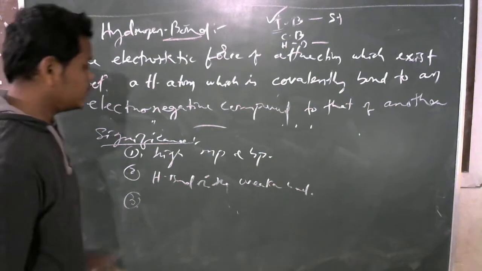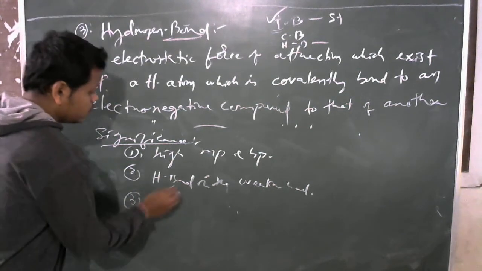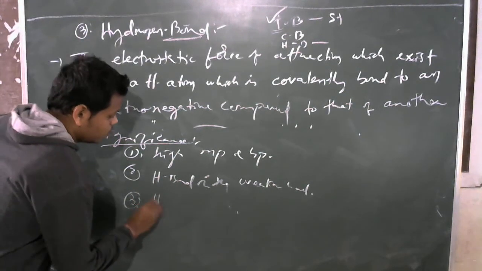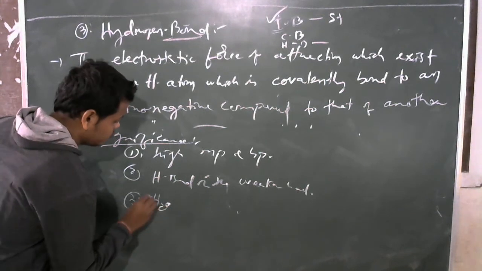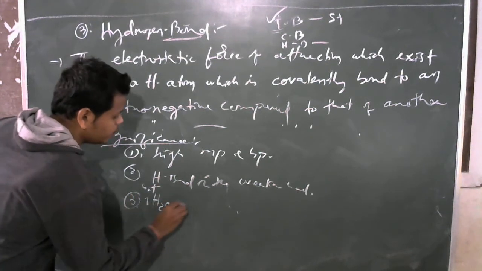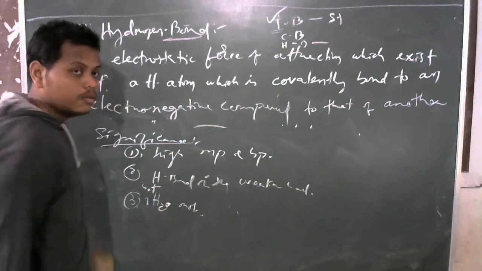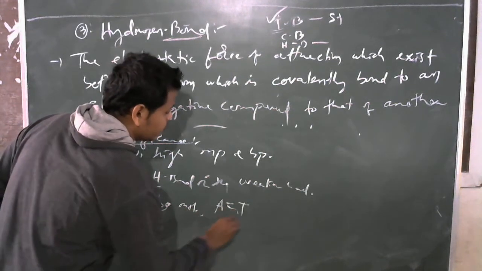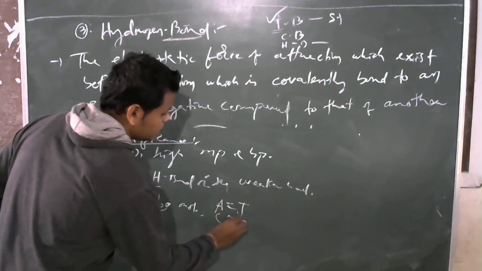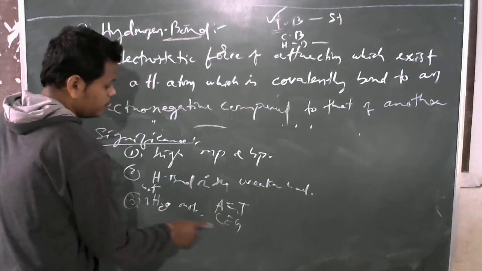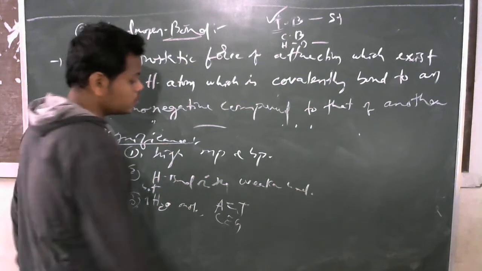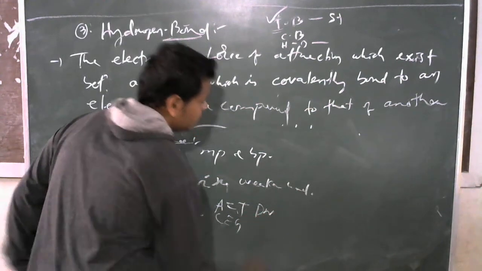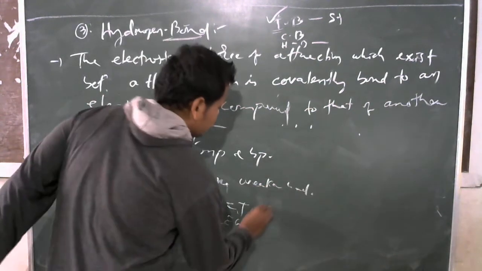Then number 3, where are these hydrogen bonds found? Hydrogen bonds are found between water molecules, and also between purines and pyrimidines: A double bond T, C triple bond G. Also found between purine and pyrimidine molecules in the DNA, in the polynucleotide chain, right?